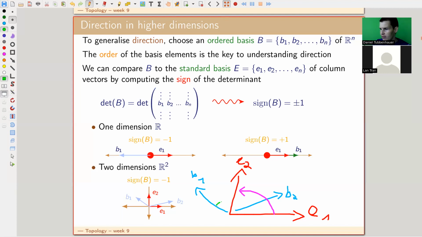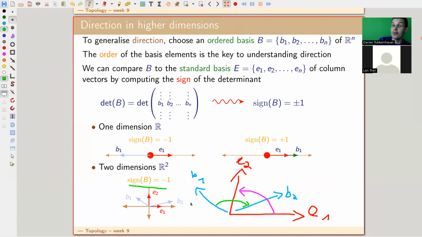And here I go from B1 to B2 in the clockwise direction. And again, in the fastest way. I want the smallest angle. I'm not going around on the outside. I want the smallest angle. And that's why this is oriented in the opposite convention than the standard basis. And indeed, our sign gives us -1.